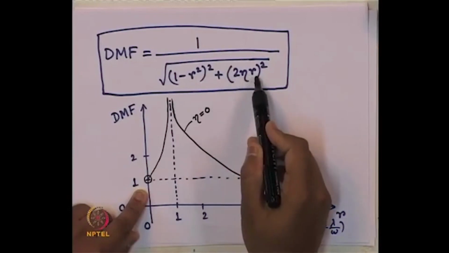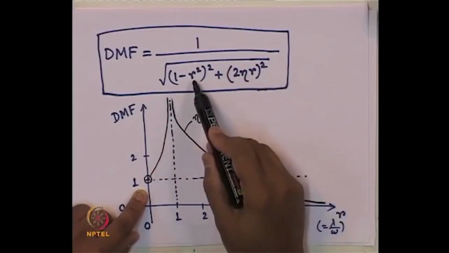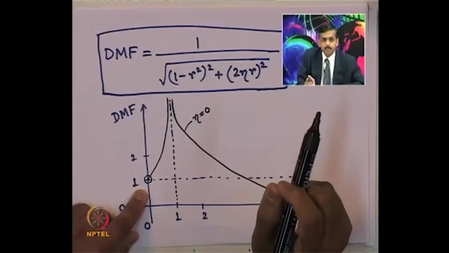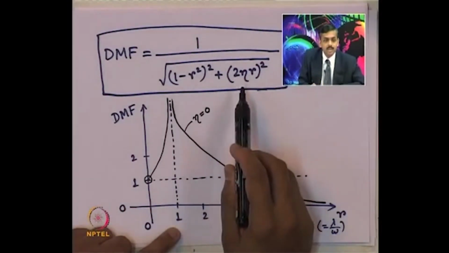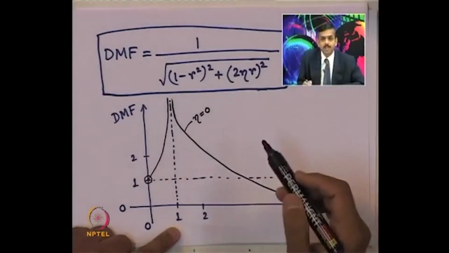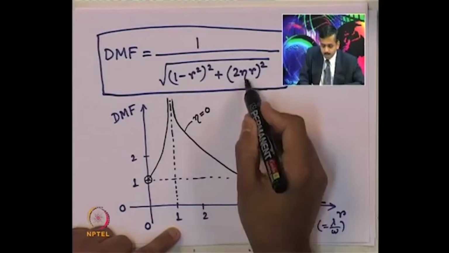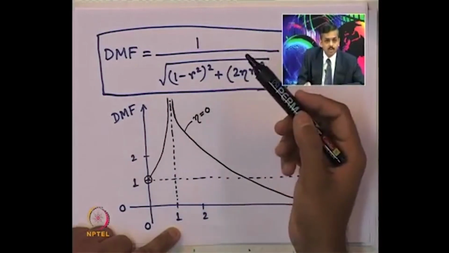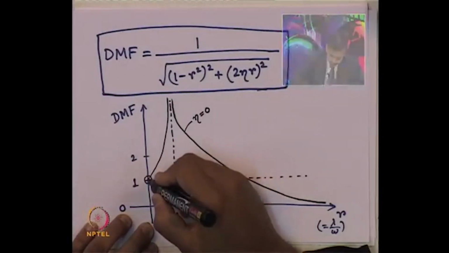So, it is 0.2 times 1, so 0.2 whole square, we have 0.04, and here it is 1 minus 1, so it becomes 0, but we have some finite value for r equals 1 at non-zero values of eta. And let us look at what happens when r tends to infinity for non-zero eta. Whatever your value of eta, this DMF goes to 0 or approaches 0. So, the type of graph which we should get is something like this.